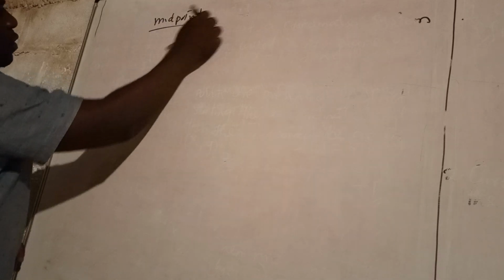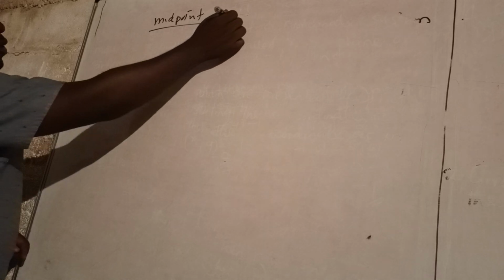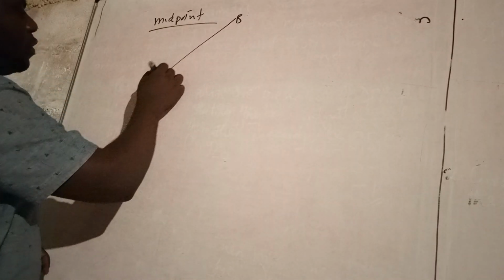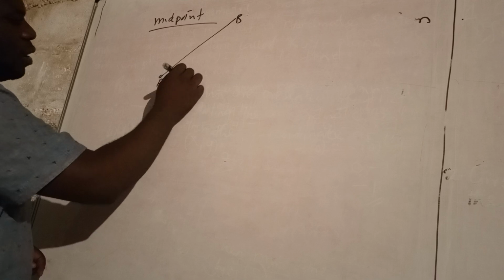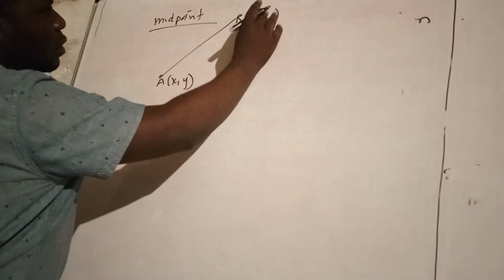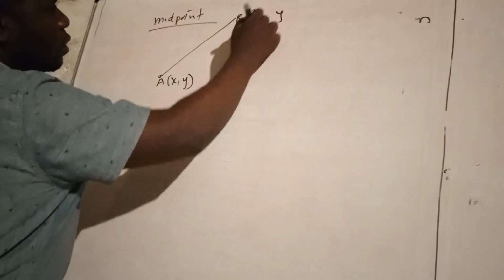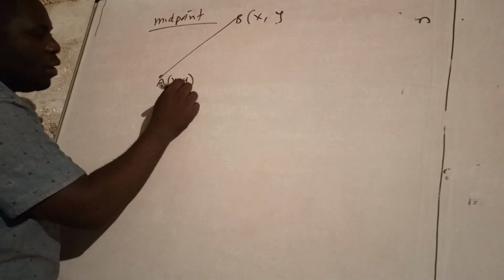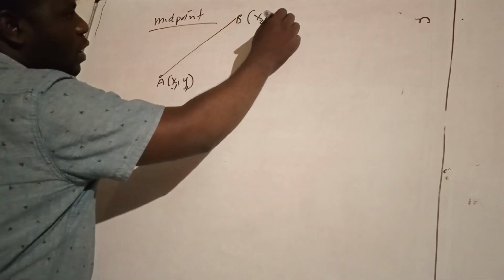Say, the midpoint between two points. If I've got this line, this is point A and point B. So we have (x, y) here and (x, y) here, which means you can name this as x1 and y1, and this one is x2 and y2.